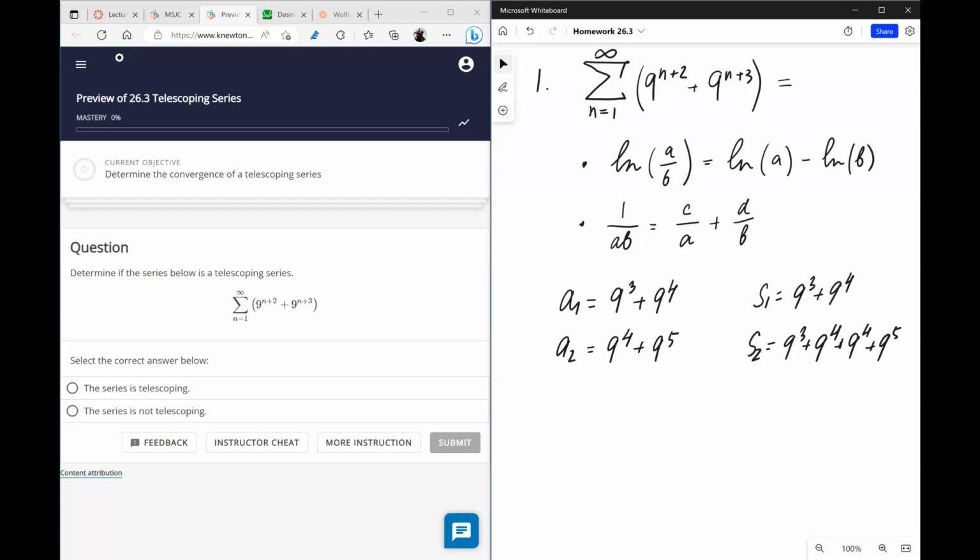As you can tell, there's nothing telescoping here, so these two terms do not collapse, and therefore we would conclude this is not a telescoping series. However, change this plus to minus, and then it could be a telescoping series.